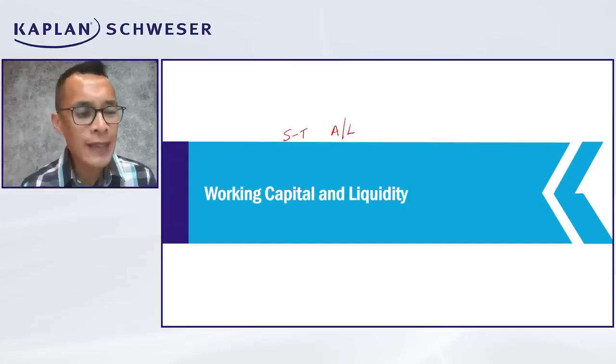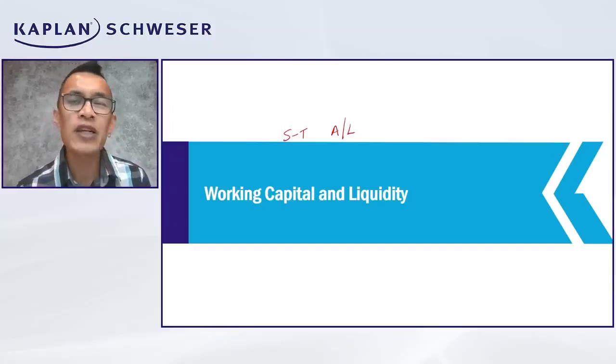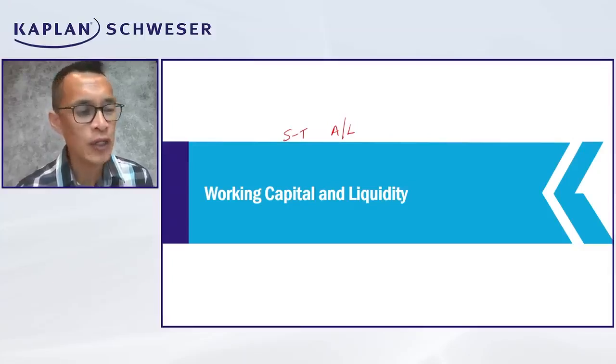How the asset and liability balances change are mainly dependent on the company's payment and delivery terms with its customers and suppliers. So we'll look at accounts receivable and accounts payable in that regard.